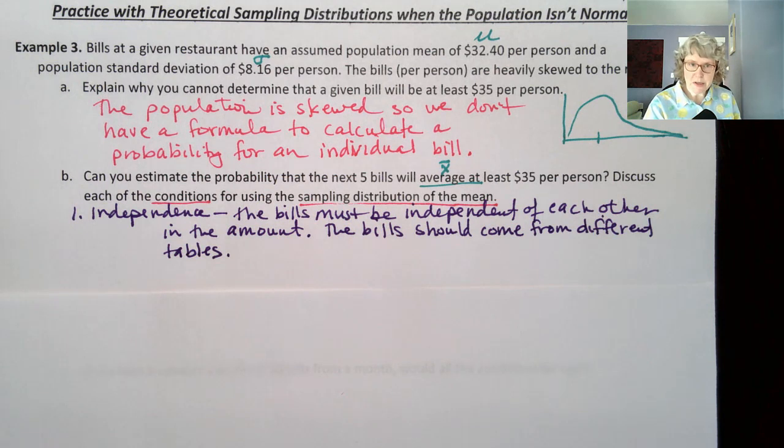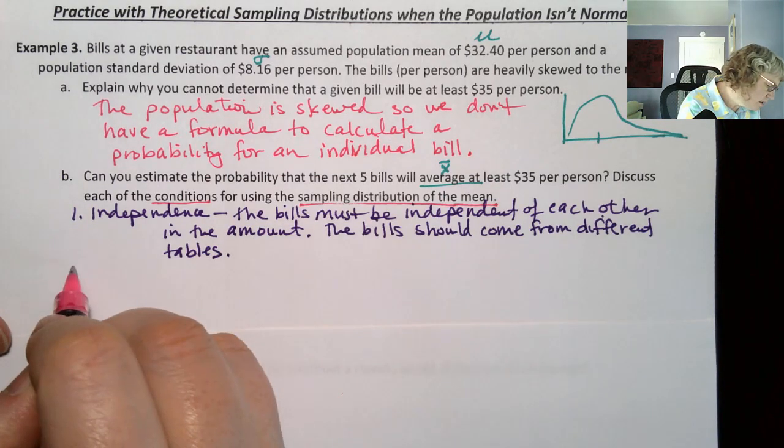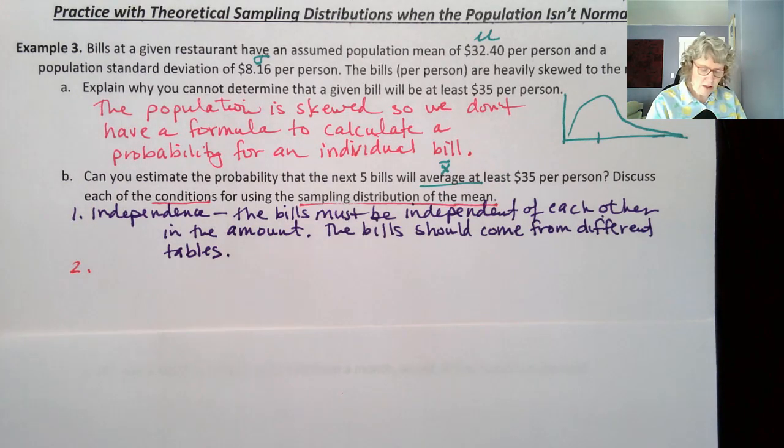I'll get the random sample in the next one. Maybe you take the next 5 bills, where each one's a table, and you take one from each table. That could work. Also, if there's a large group that had multiple tables, that would be another not independent situation.